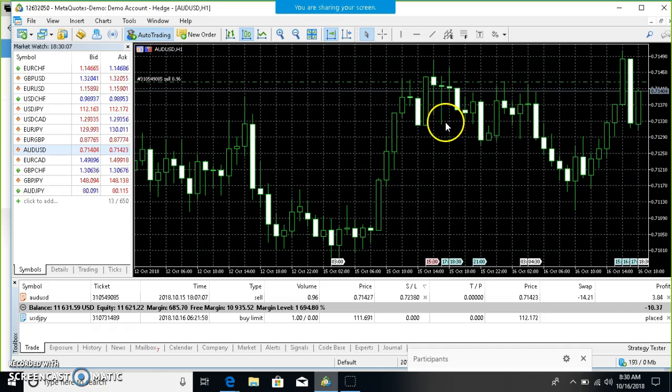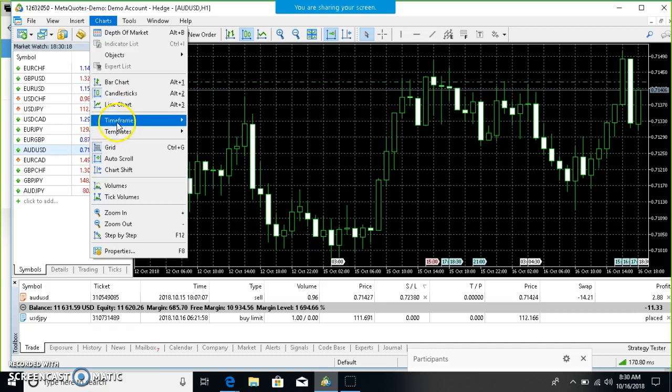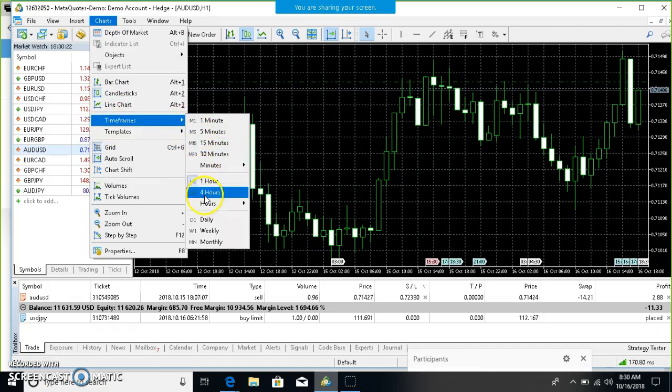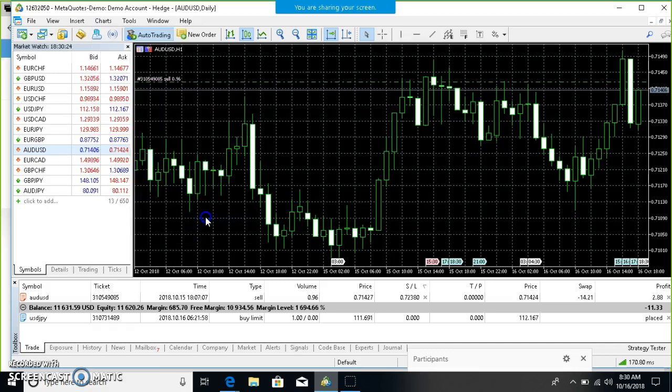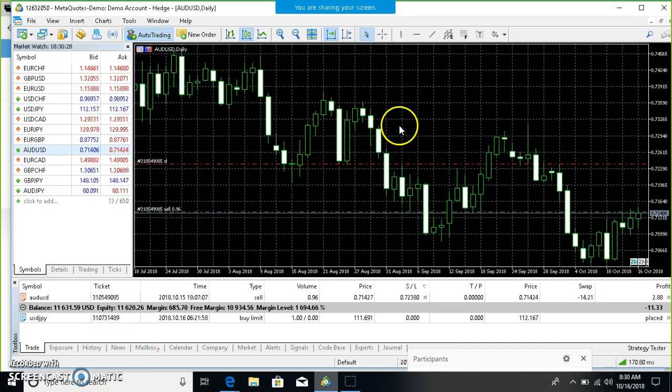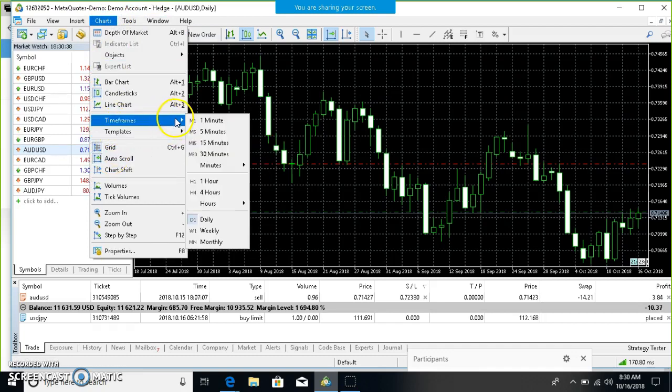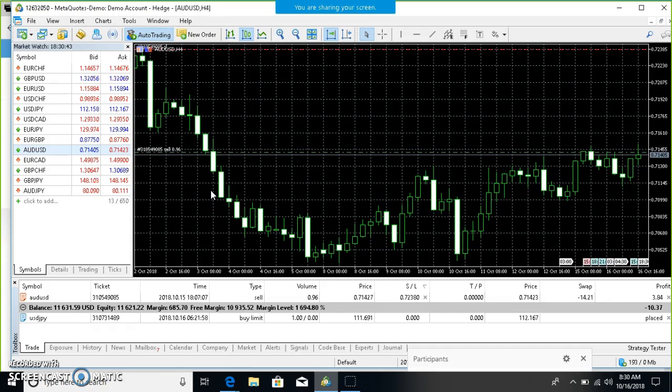Now if I go over here to charts, we trade. I go to time frame. I'm going to the day chart. I trade from the day chart and the 4 hour chart. And that's the 4 hour chart.